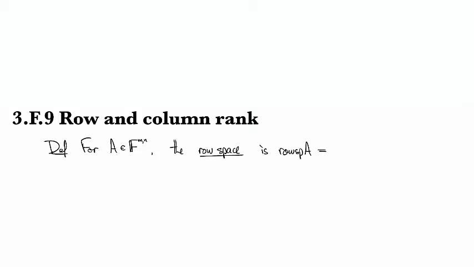So the row space of A is the span of, and then our notation for the row vectors that appear, the first one is A_{1,·} running through all columns, all the way down to A_{m,·}, there's m rows. And so each of these rows lives in F^n.